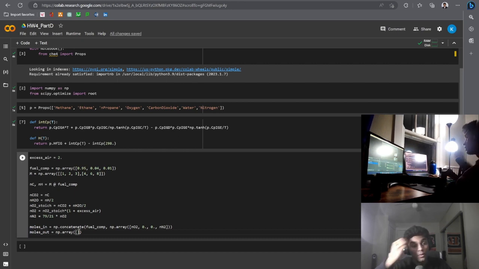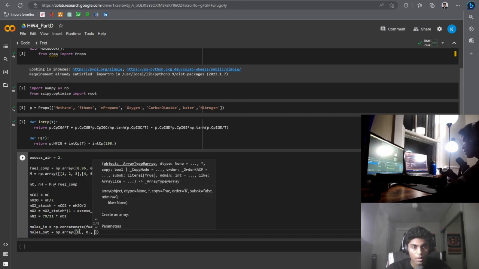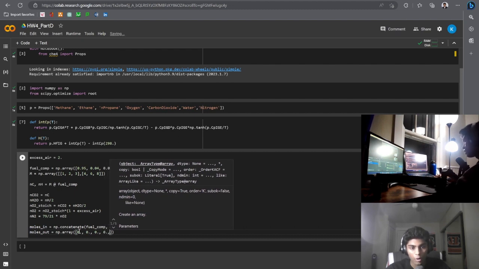So we first have our methane. We're not going to have any more methane. We're not going to have any more ethane. We're not going to have any more propane. And we're not going to have any more oxygen, because remember, this reaction is going until completion.